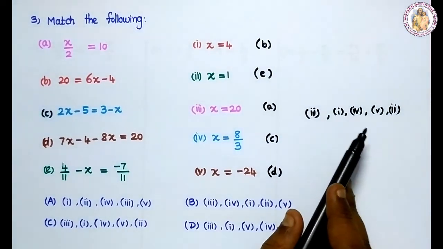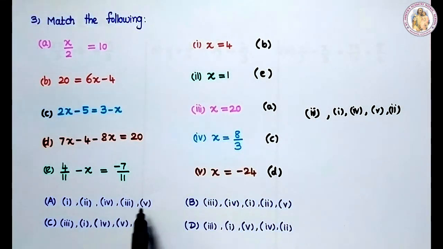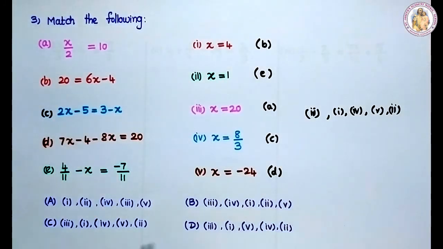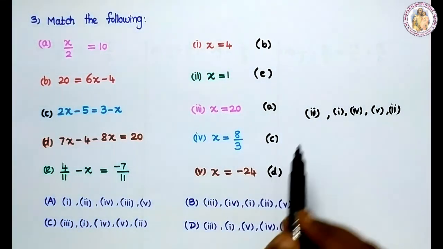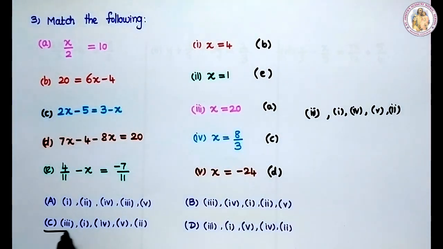Which option is right? See here. First one is not. B is 3, 4. So that is also not, because the second one is the first answer. Listen, see. 3, 1, 4, 5, 2. So that is the right answer.